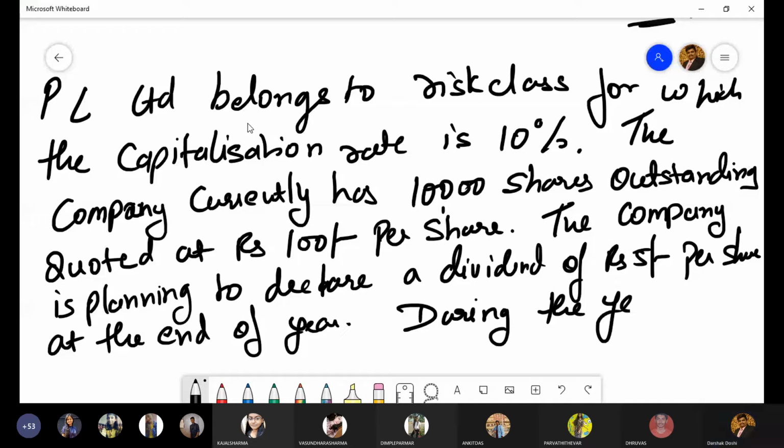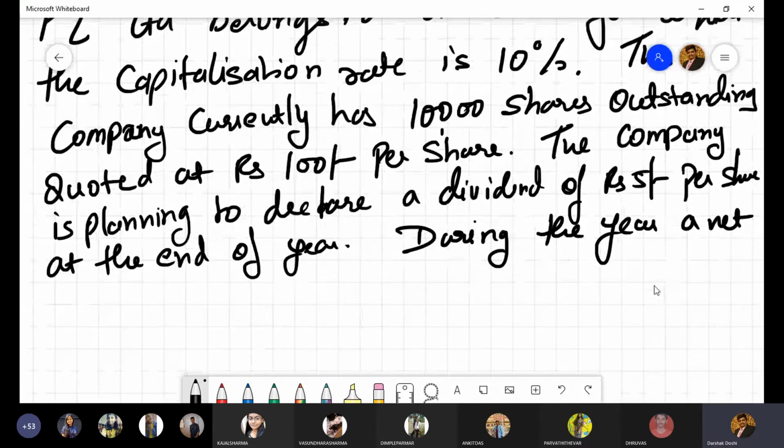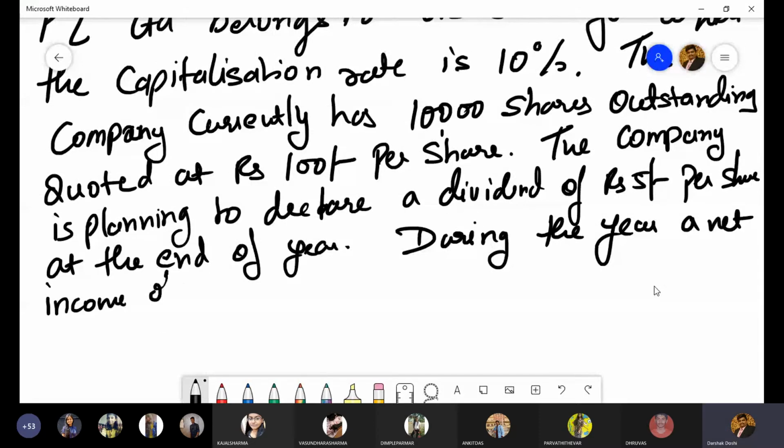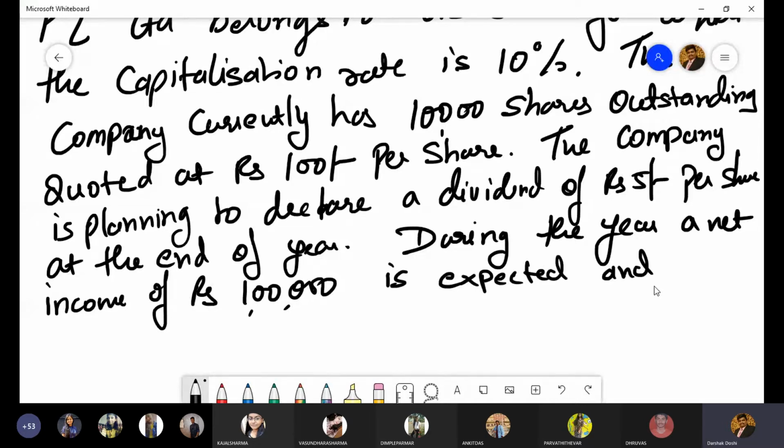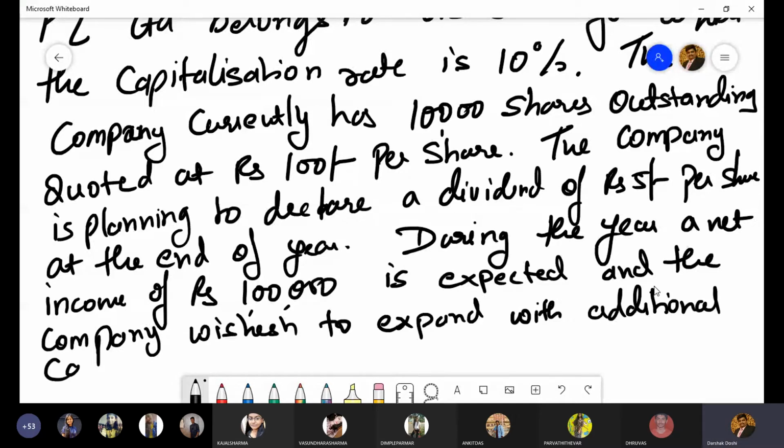During the year, a net income of rupees 1 lakh is expected, and the company wishes to expand with additional capital of 2 lakh.